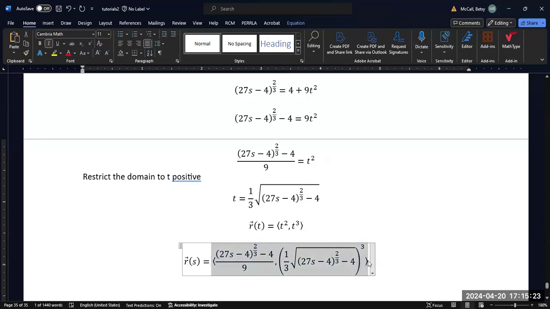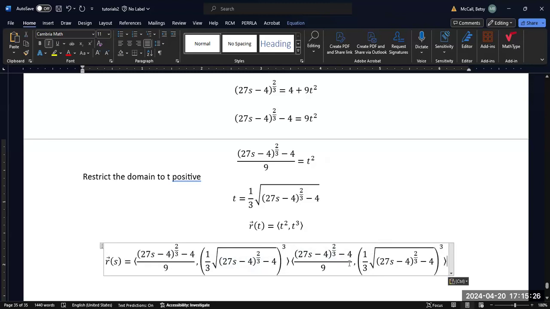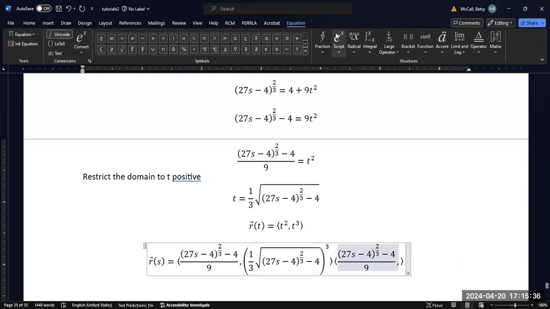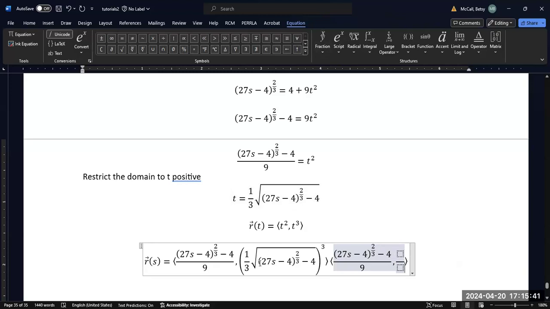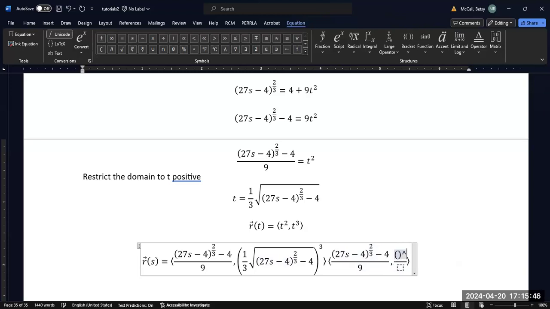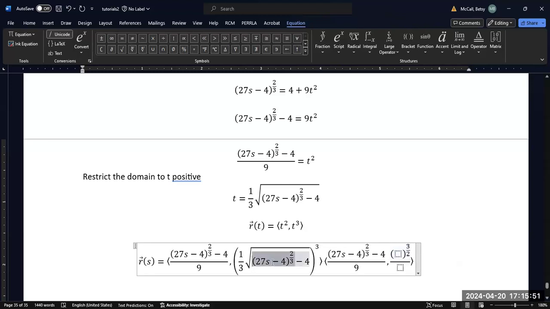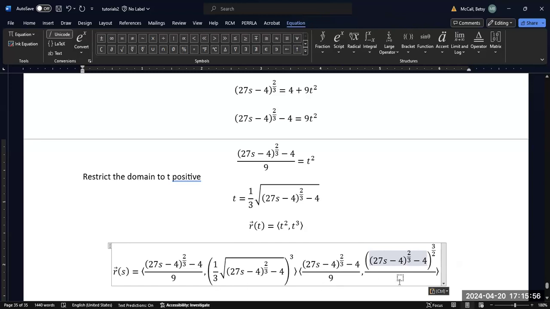And I can't really do a lot of simplifying with that, other than saying that this is going to be, let's see, I can put this thing to the 3/2 power, and then I can just take the thing under the radical. And then 3 cubed is also going to be 27.